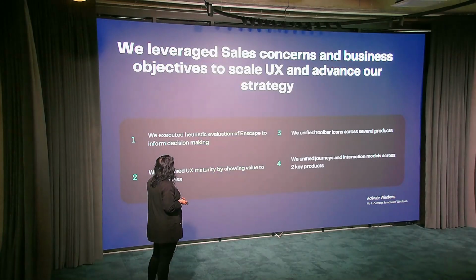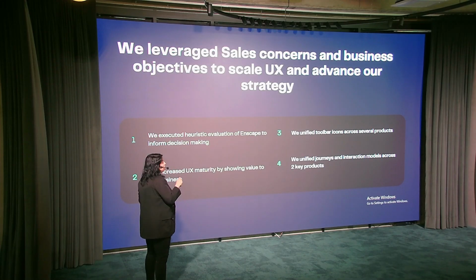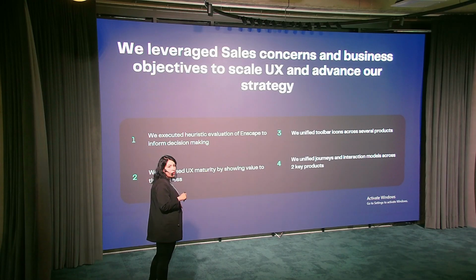So that was very, very important for us because we were able to actually advance our UX strategy in 4 different ways. The first one is we executed the heuristic evaluation to inform decision-making, not just in relation to those efforts, but we actually created a very big backlog with improvements we can implement over time. We increased the UX maturity by showing value to the business. I think when we actually created those tangible UX efforts that supported the business, they were able to really get it.